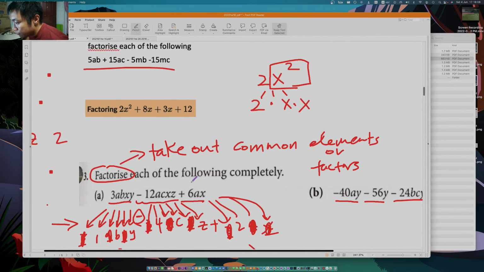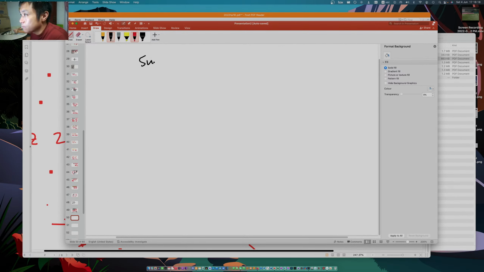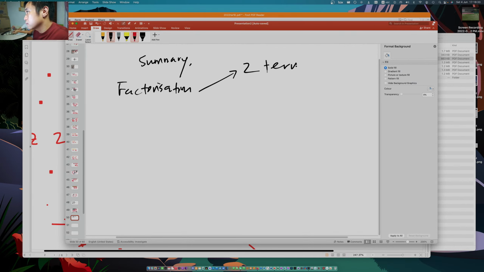Then any other type of question? Okay, no. So therefore, maybe I should give you a summary. Actually, what we talked about just now is factorization. Why do we need to learn factorization?